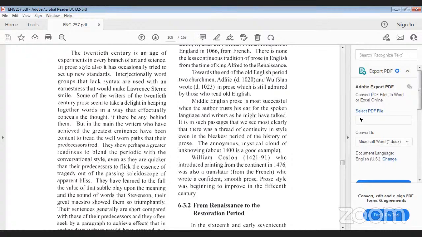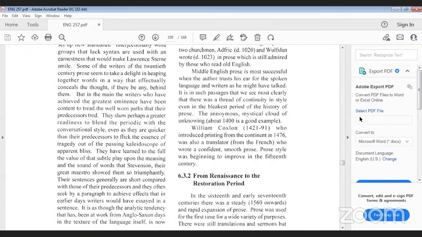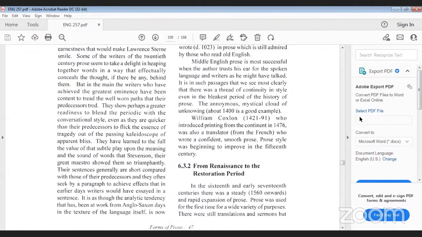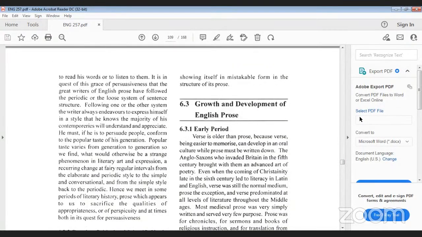Their sentences generally are short compared with those of their predecessors, and they often seek by a paragraph to achieve effects that in earlier days writers would have achieved in a sentence. It is as though the analytical tendency that has been at work from Anglo-Saxon days in the texture of the language itself is now showing itself in unmistakable form in the structure of its prose.